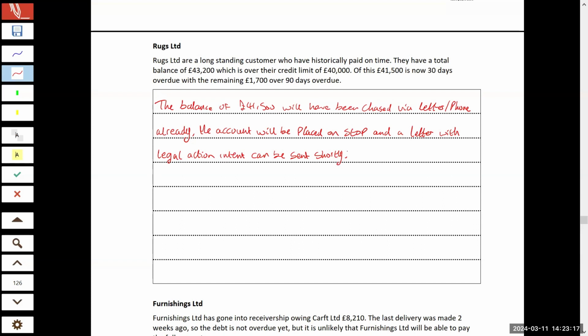The £1,700 is an issue, isn't it? So a provision for this, you could say, would be reasonable to consider. The £1,700 is slightly different, isn't it? The £1,700 is well overdue.